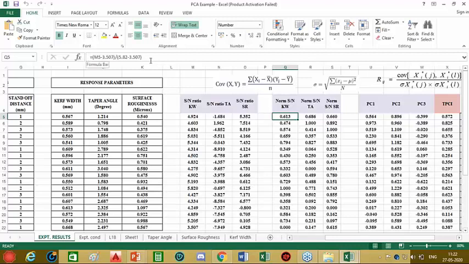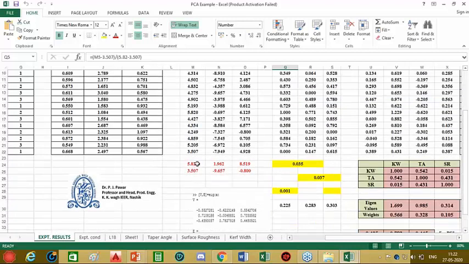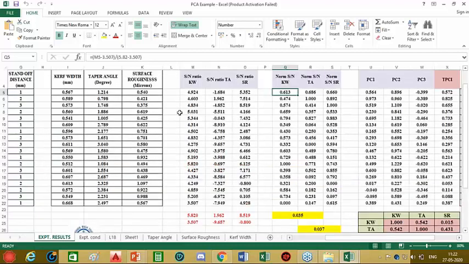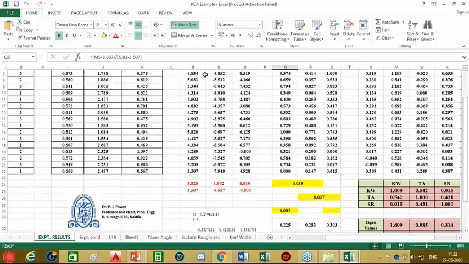If you see in this formula bar, we consider a particular SN ratio minus the minimum value of this column, and we calculate the maximum of this column and the minimum value of this column. So we find the normalized SN ratio as a particular value minus the minimum of this column, divided by the maximum minus the minimum of this column.